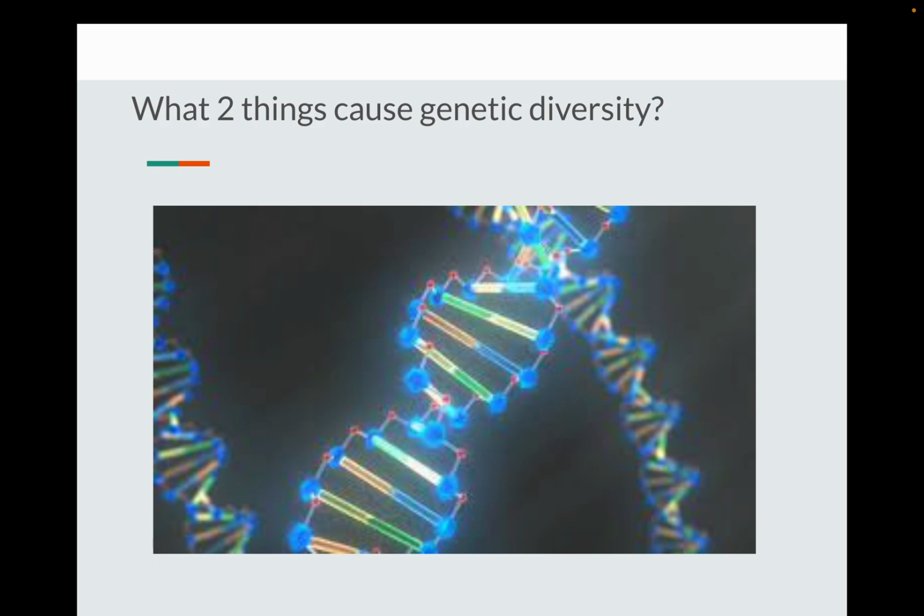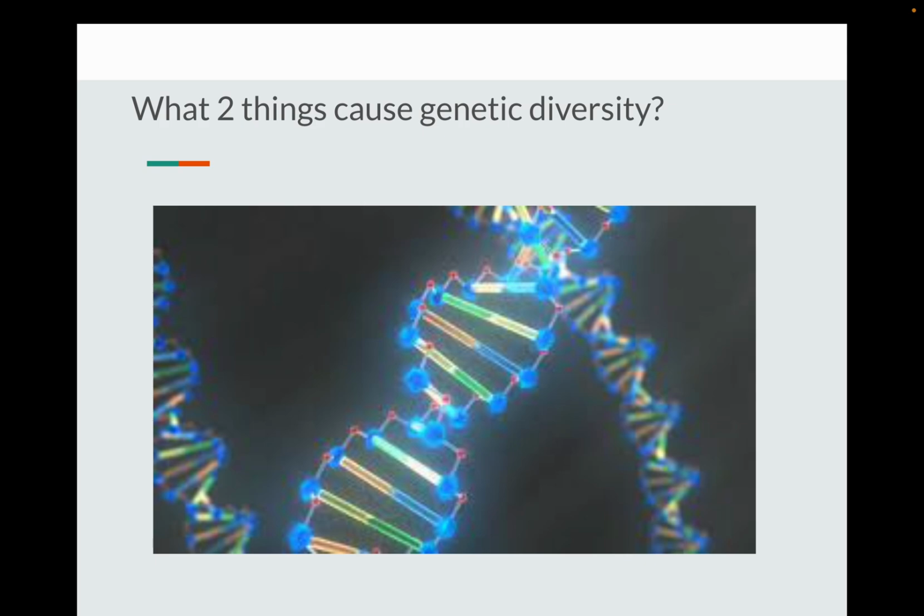So there's two things that cause genetic diversity. Remember back to our inheritance unit, our reproduction unit, when we learned that asexual reproduction led to clones, but sexual reproduction caused a huge amount of genetic diversity, of genetic variation. So that's one of the things. The first big chunk of genetic diversity is caused by sexual reproduction.